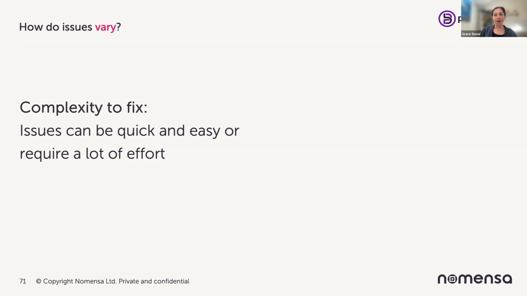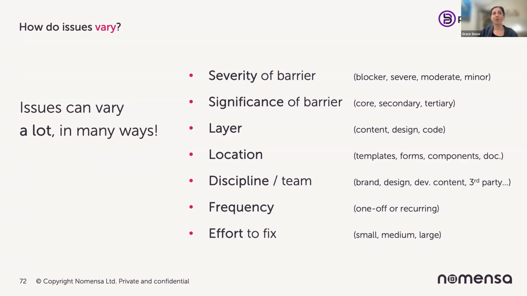But sometimes you'll be presuming that something's going to be really easy, but there might be unknown engineering complexities, or it might have been built in a specific way for a specific reason that you don't have context of, which is the kind of thing that will come out in a prioritization workshop. So as you can see, issues can vary in loads of ways.